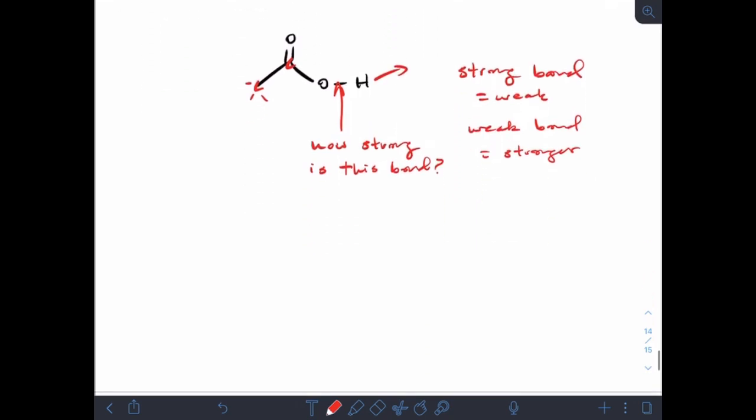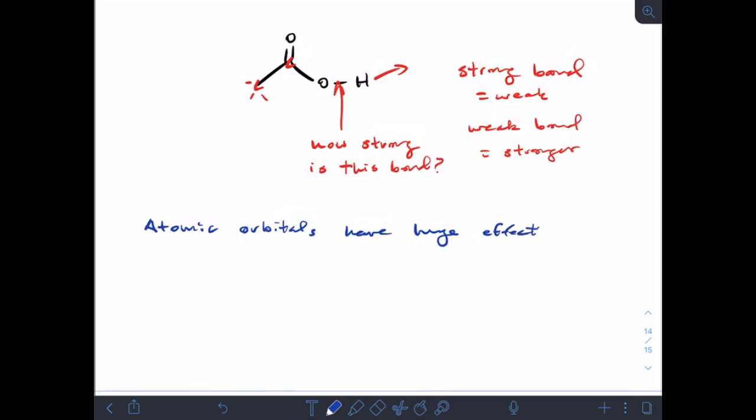Looking at structure, one of the first things that we can evaluate is atomic orbital overlap. Atomic orbitals have a huge effect. To use a very scientific term, huge.